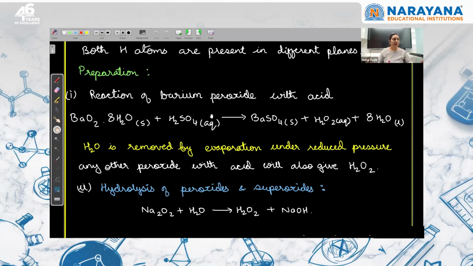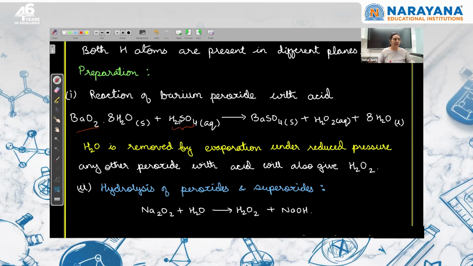Coming to the preparation. Preparation of H2O2 again is asked off and on. So barium peroxide is taken and is made to react with an acid like H2SO4. You cannot take an acid like HCl, otherwise the chlorine in it can be oxidized to Cl2.